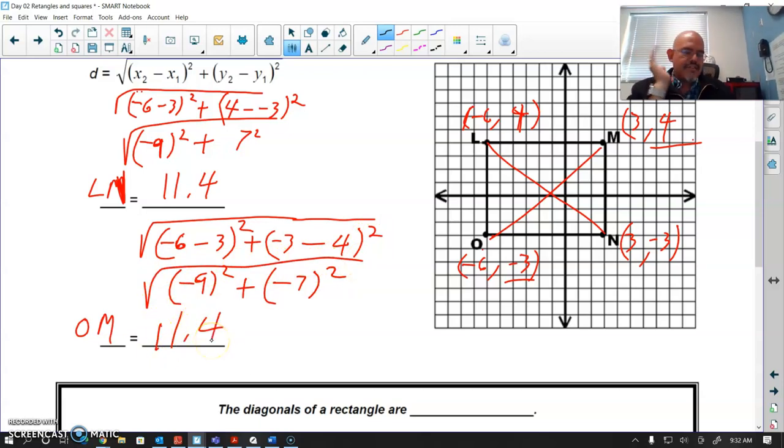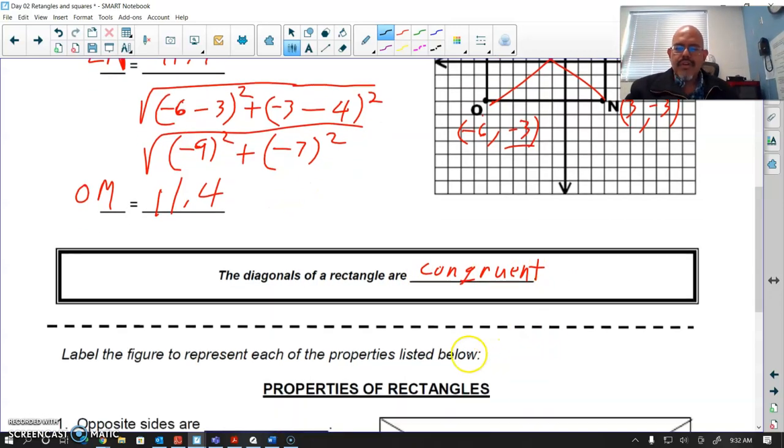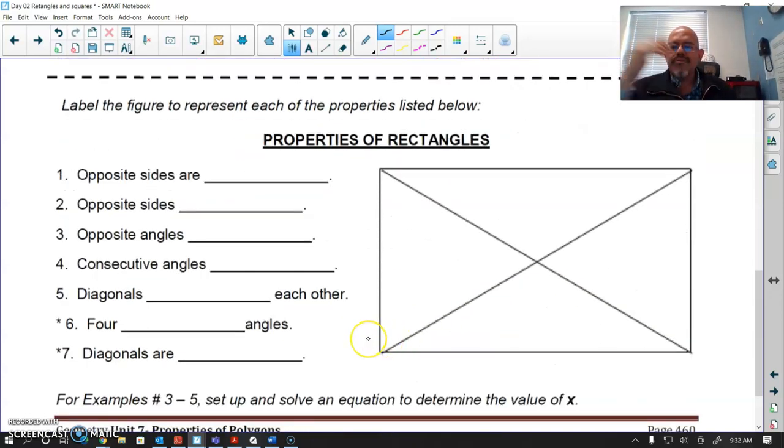So diagonals of rectangles are congruent. They're equal, congruent. Okay, so properties of rectangles. Opposite sides, congruent. Opposite sides are parallel also. We're going to study that, parallel.